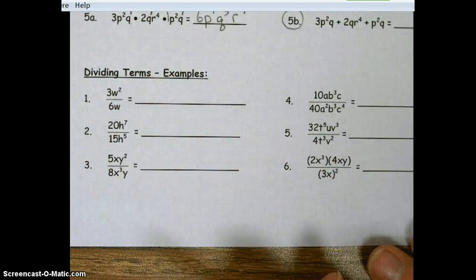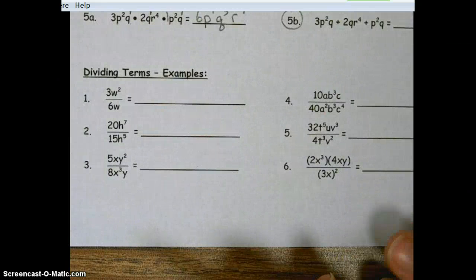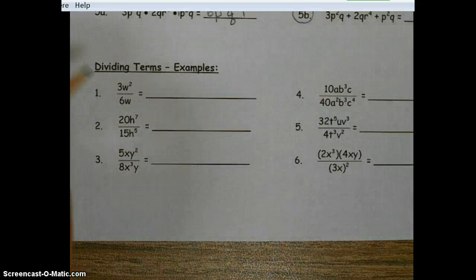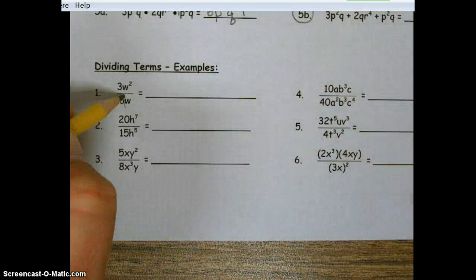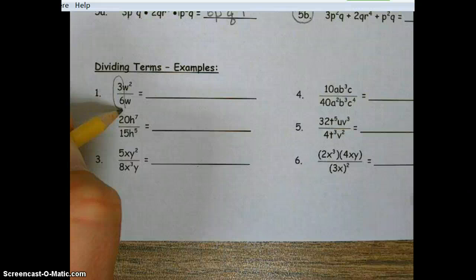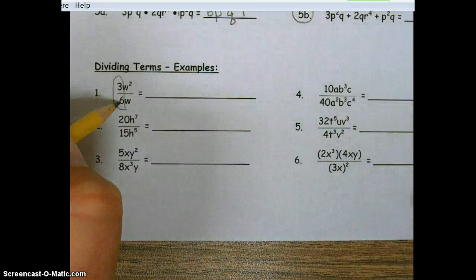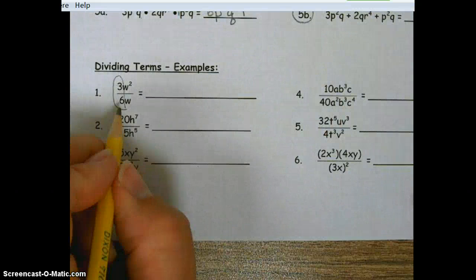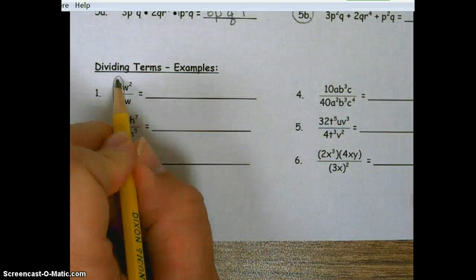Alright, dividing terms. Down to less than 2 minutes, so hang in there. So, dividing, looking at our coefficients, 3 divided by 6. Okay, 6 doesn't go into 3, so I'm going to go ahead and reduce this down to 1/2.